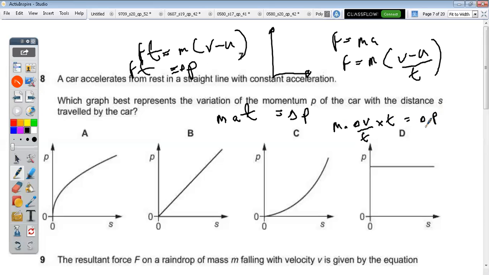If you cancel the t's, you come back to this. Unless you say this is equal to s, the distance here. That mass multiplied by s over t is equal to p.